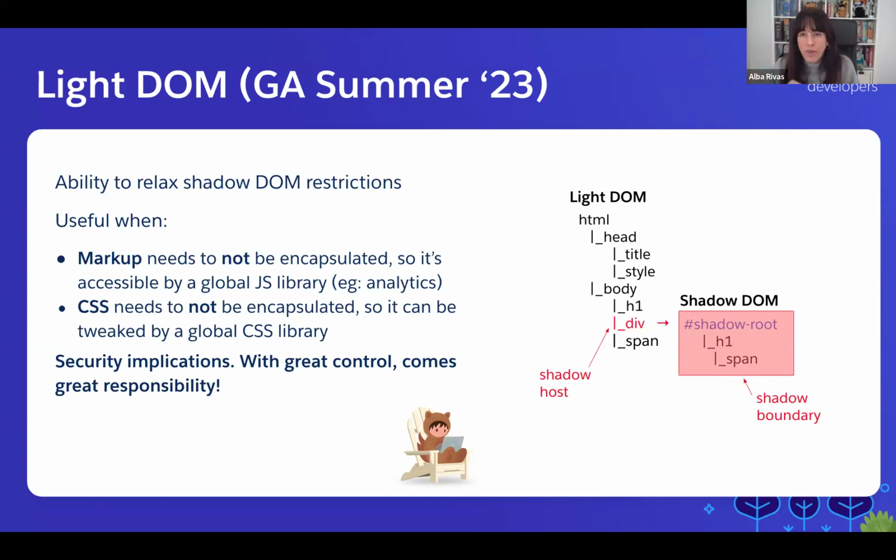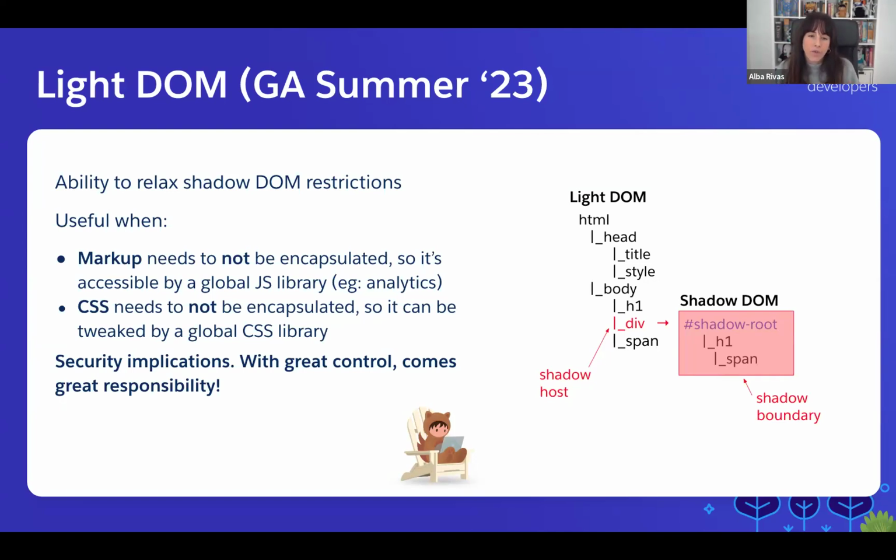And what we do with Light DOM is relax that restriction so that from the outside, we are able to query the internals of that component and work with them. And we are also able to traverse that shadow boundary with our CSS styles.